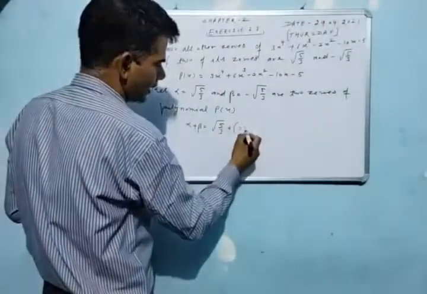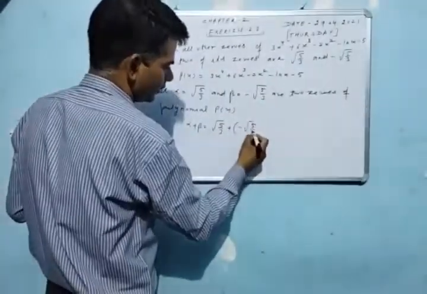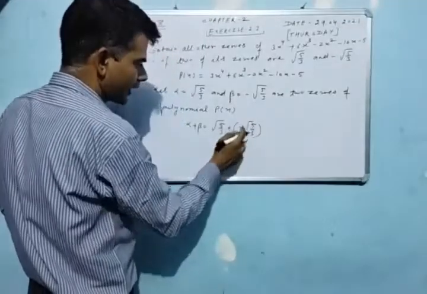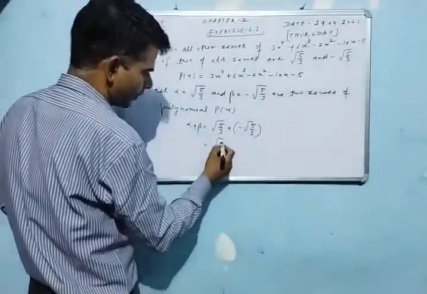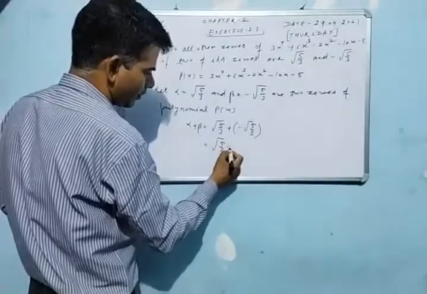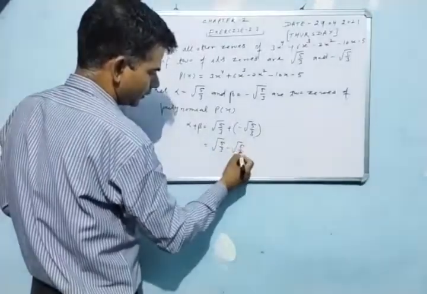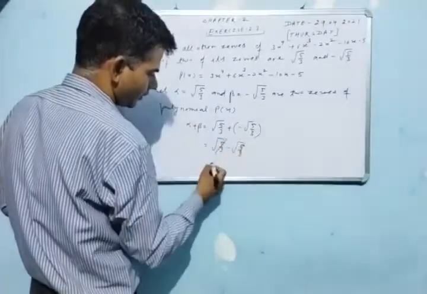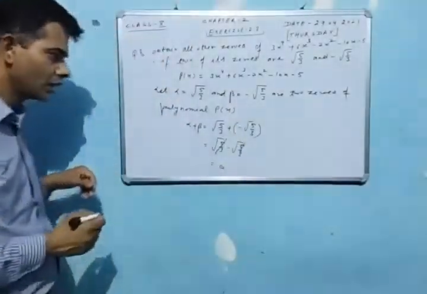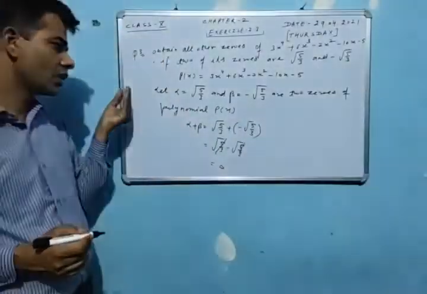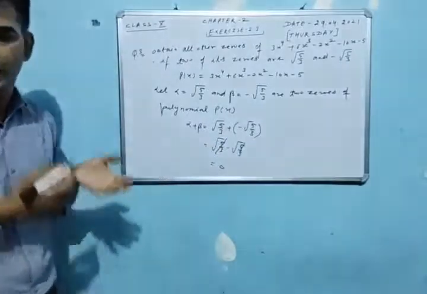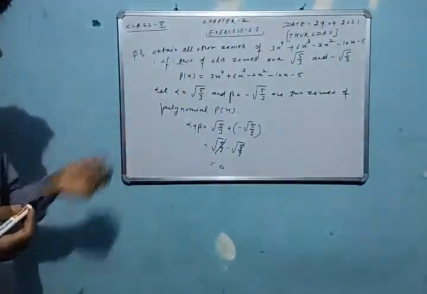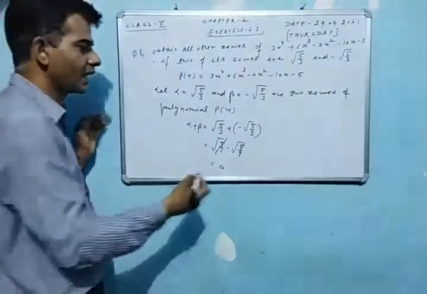plus minus root 5 by 3. Students, plus root 5 by 3 minus root 5 by 3 cancel out, that will become 0. To make a quadratic polynomial, we require sum of zeros, that is alpha plus beta, and alpha beta.